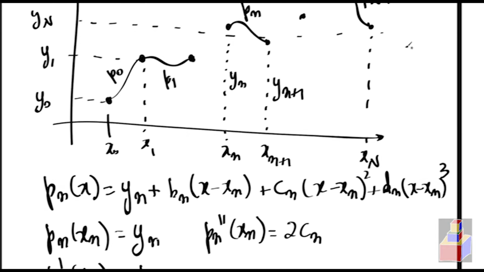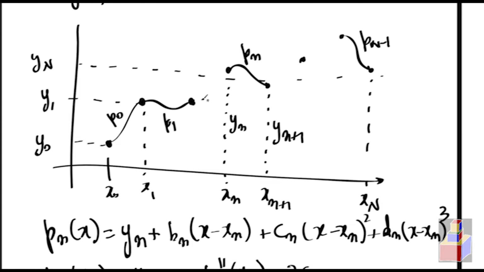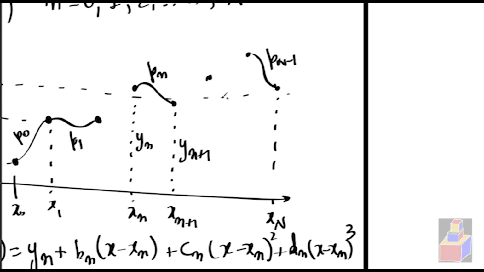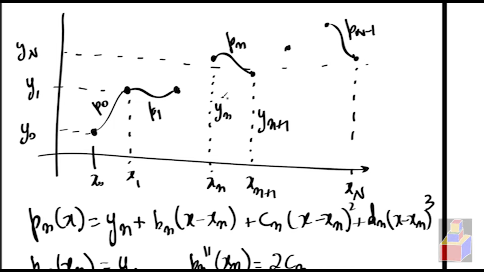If we impose continuity in all those points, P0 at x1 equals P1, and so forth, until the last one, Pn minus 1 at xn equals yn, you're going to have n equations.